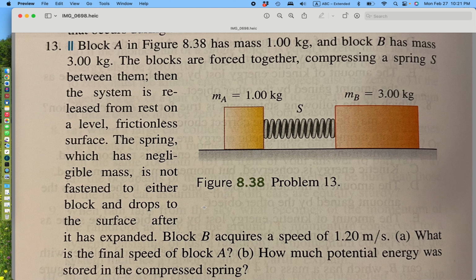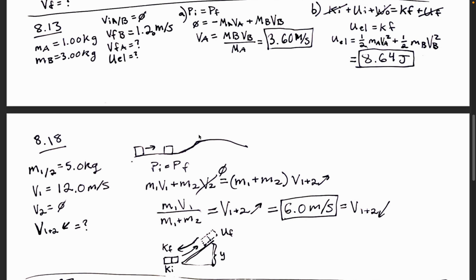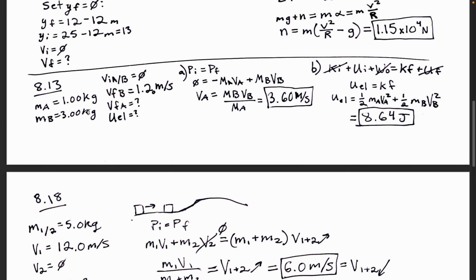Block B acquires a speed of 1.20 meters per second. What is A, the final speed of the block, and B, how much potential energy was stored in the compressed spring? All right, so first we want the speed of this second block.